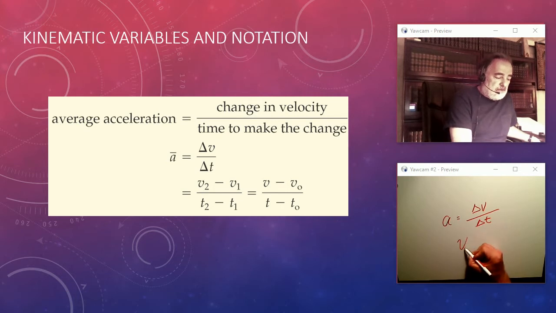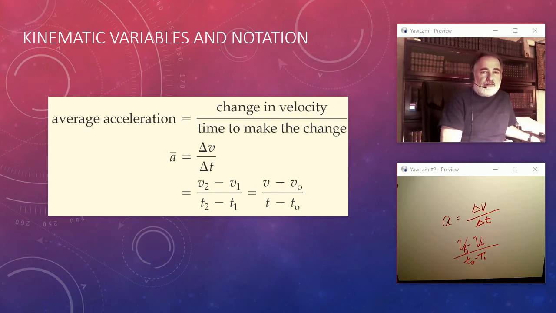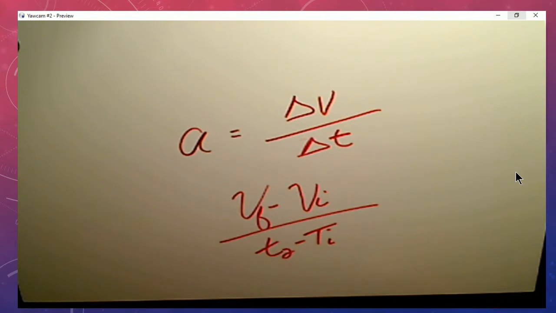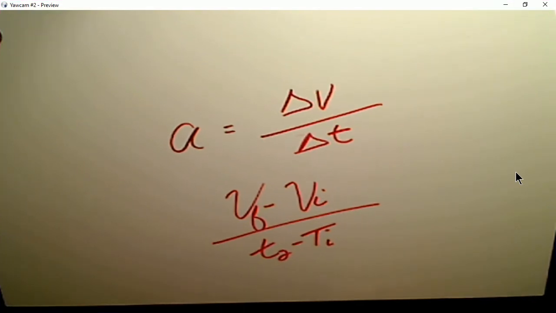And I can use the change in velocity, velocity final versus velocity initial, over a time final minus a time initial, a change in time. Okay, so that gives you a little bit of a feel here.